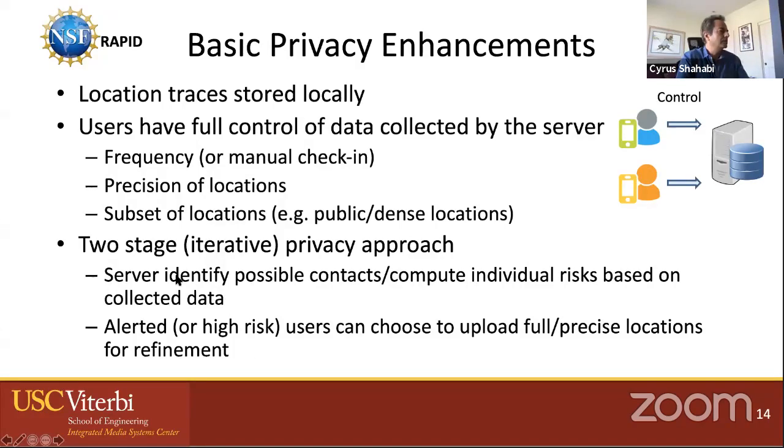One interesting idea we're investigating now is a two-stage iterative approach where we tell you, hey, the current location information that you're sharing is very good. However, if you identify this location further, if you tell us exactly what that location was, we can potentially save 4 more people or 10 more people.